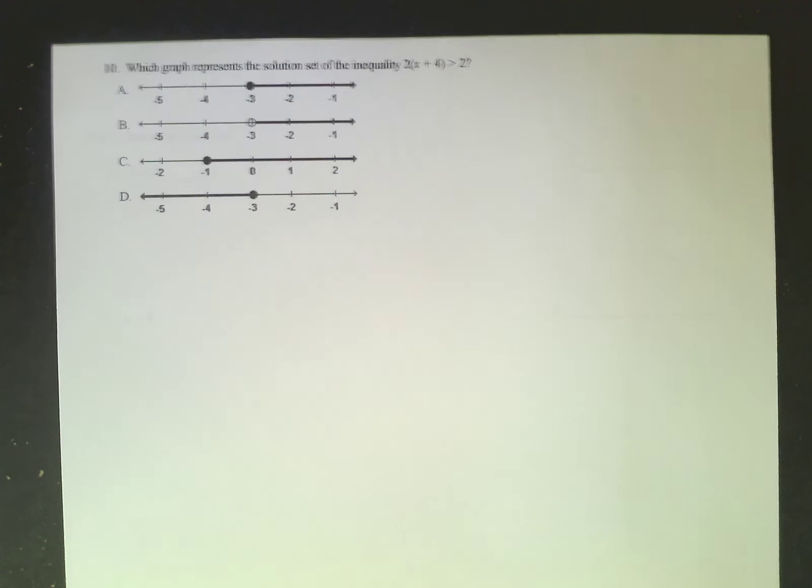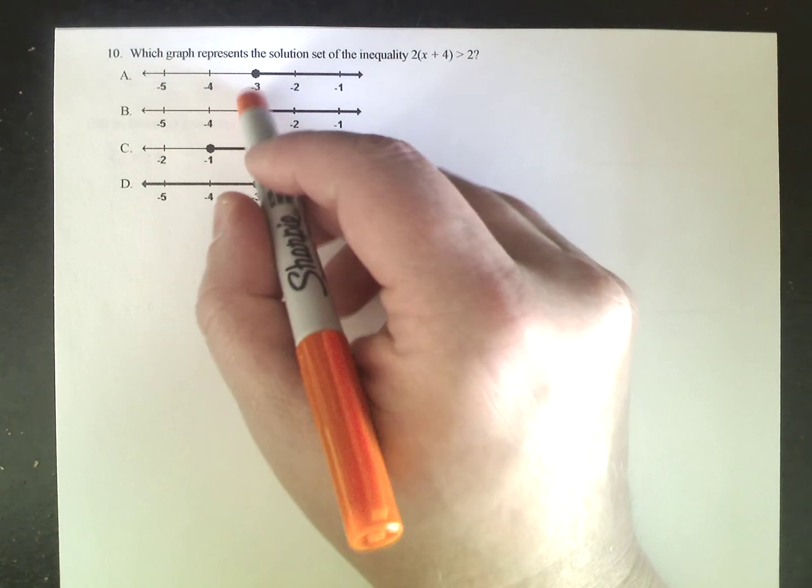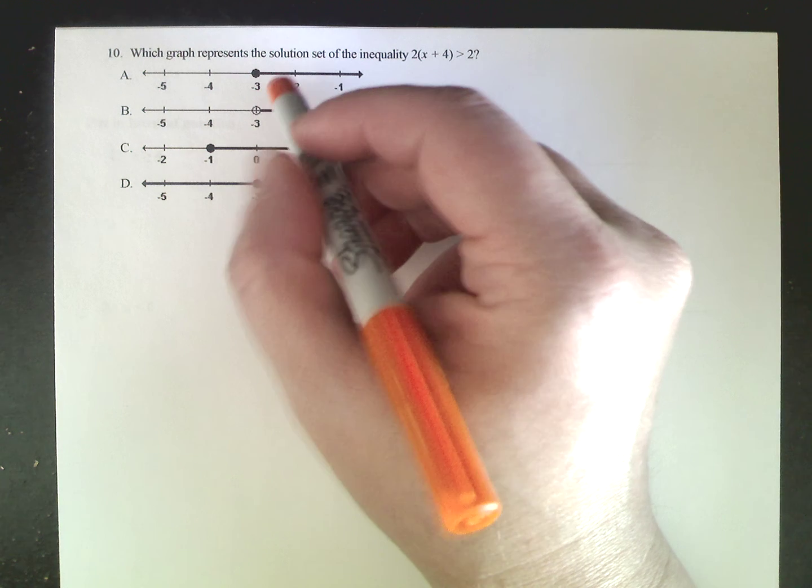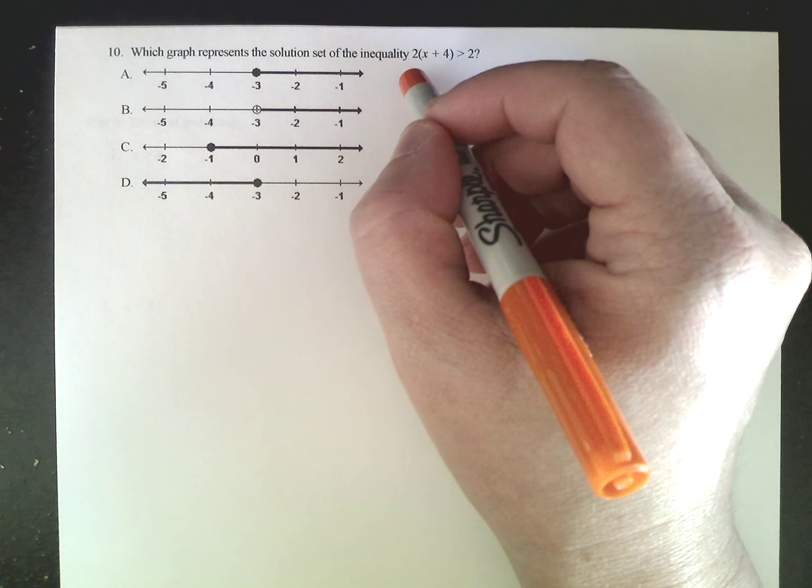Which graph represents the solution of the inequality 2 parentheses x plus 4 is greater than 2? A, a number line with a circle on 3, it's filled in, and it's going to the right.